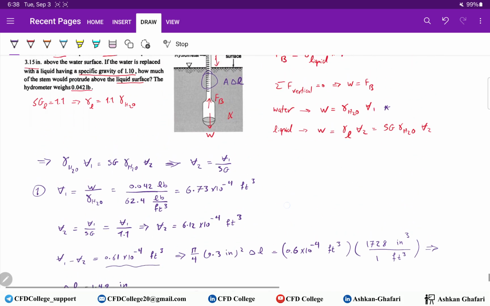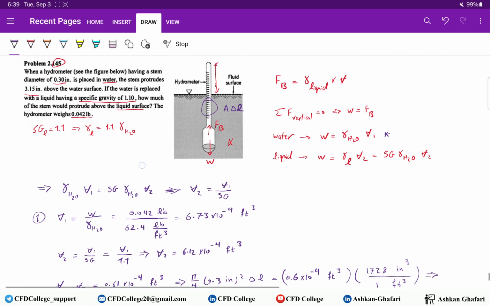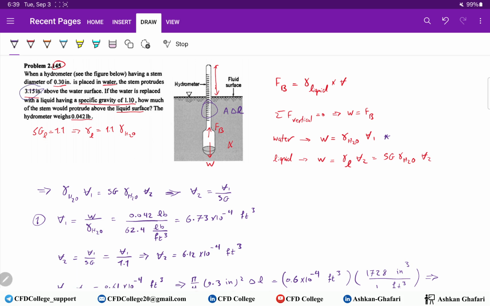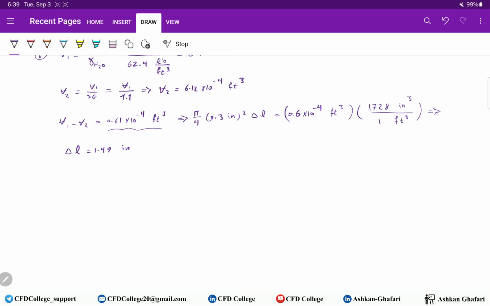So in the first situation, we had this height above the water surface. So in the second situation, for example, L2 equals 3.15 inches plus 1.49 inches equals 4.64 inches above the surface.